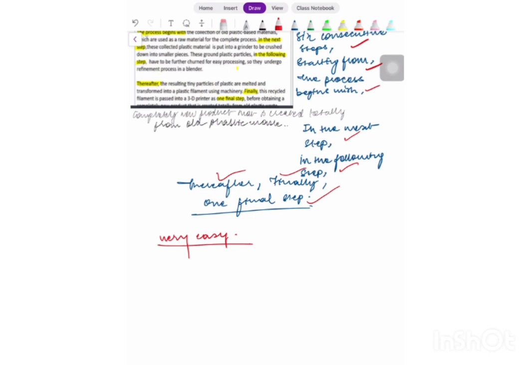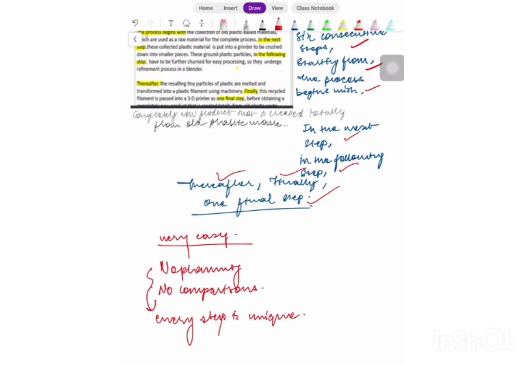There is no planning involved, no comparison, because every step is unique. So no planning whatsoever, no comparisons whatsoever, only because every step is unique in its own way. So therefore no planning and comparisons is required, and we don't require it.